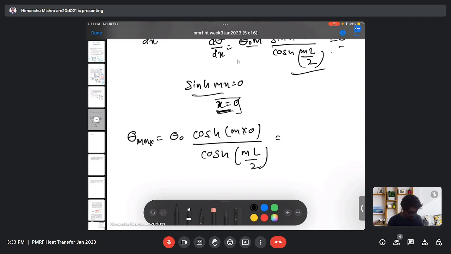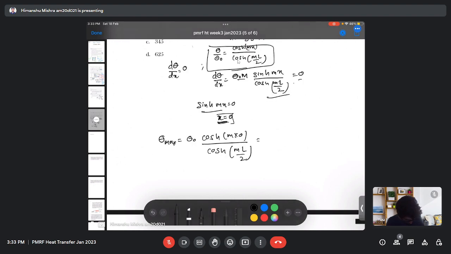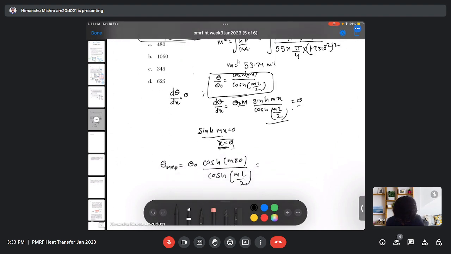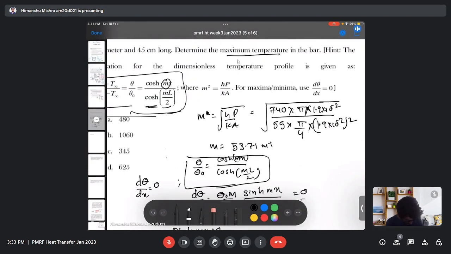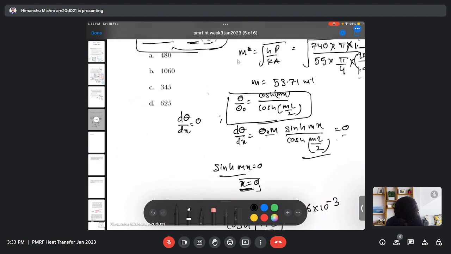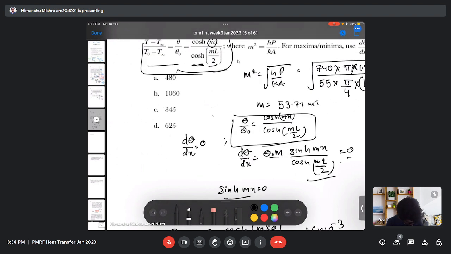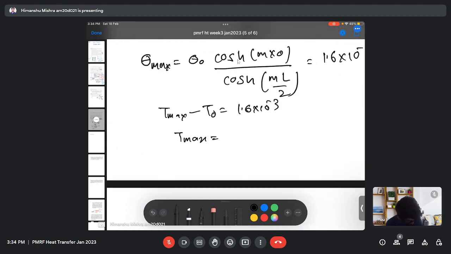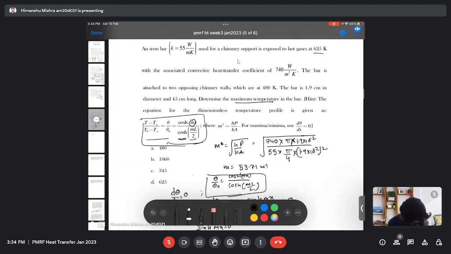So after calculation, we will get theta is around 1.6 10 to the power minus 3 something, and T max minus T naught will be 625.